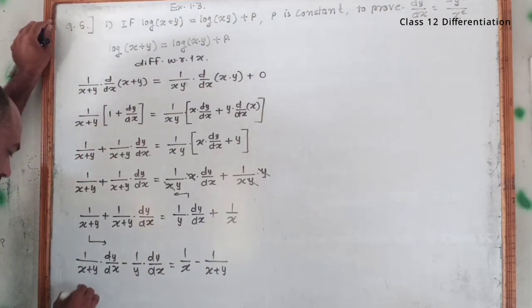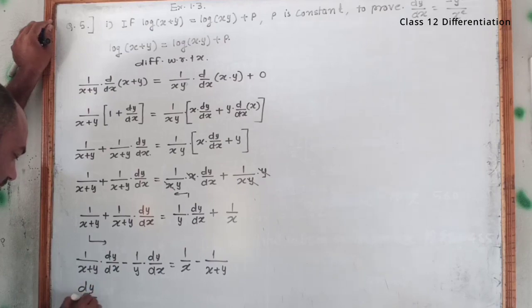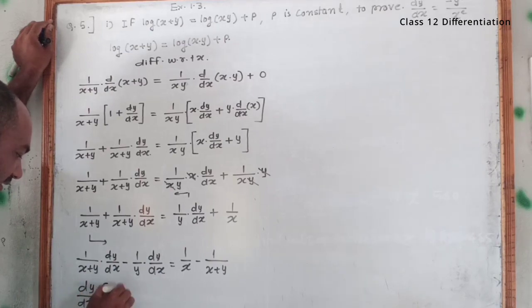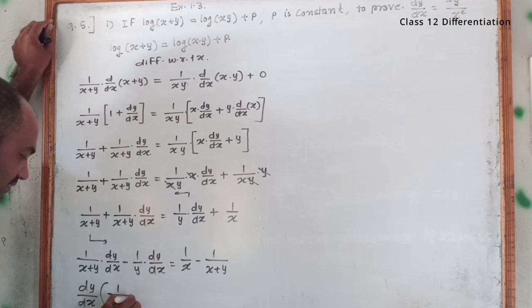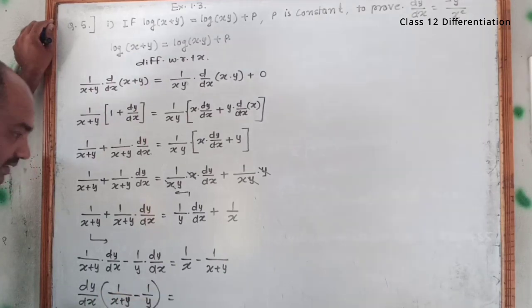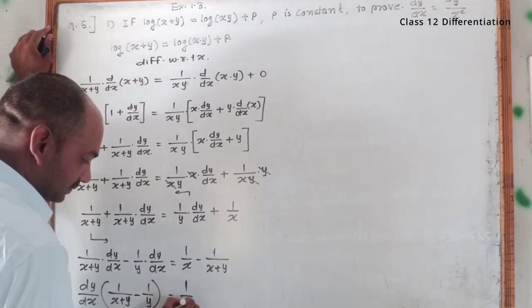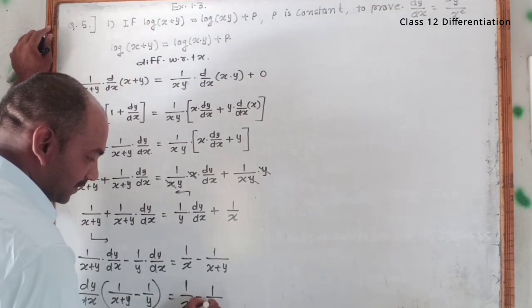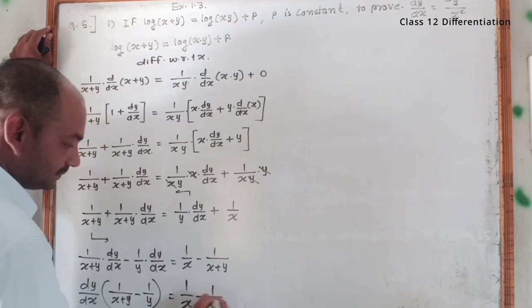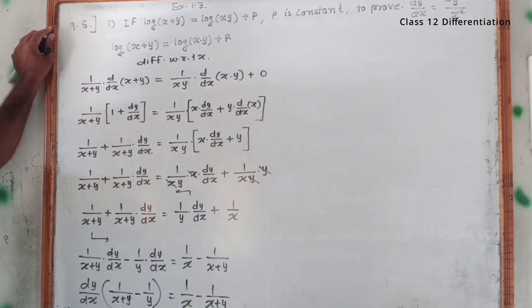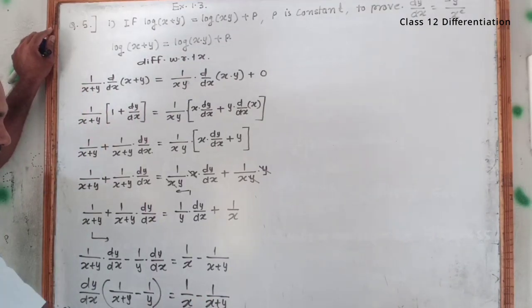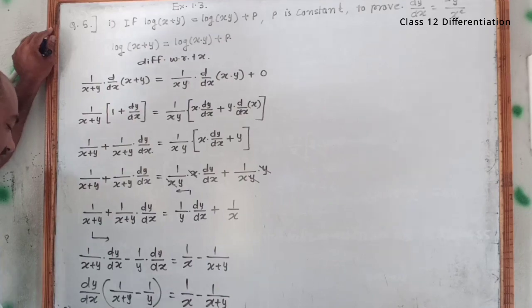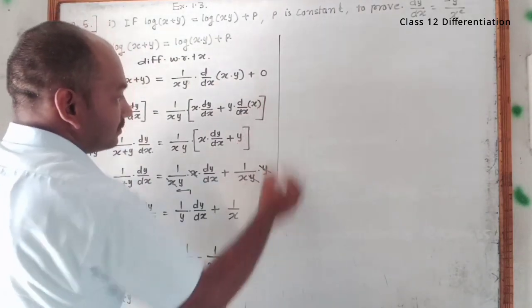Here we can take dy/dx common. So in bracket, 1/(x + y) minus 1/y is equal to 1/x minus 1/(x + y). After this, we do these two subtractions.